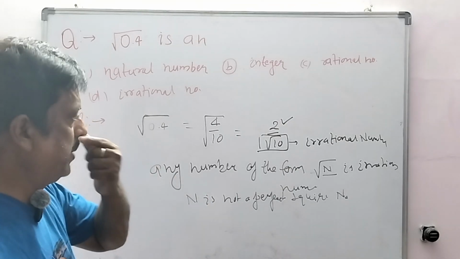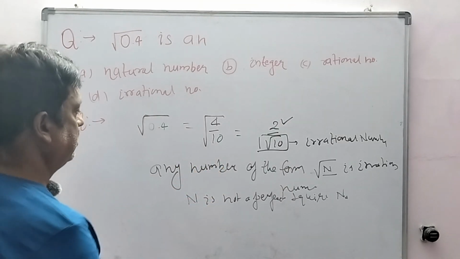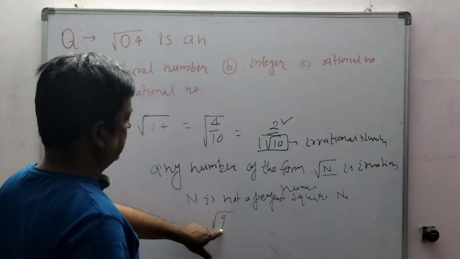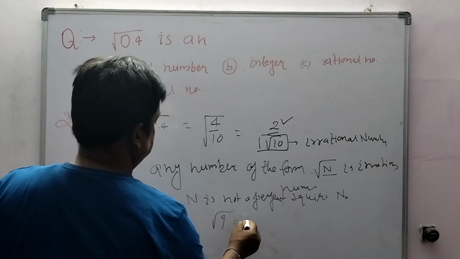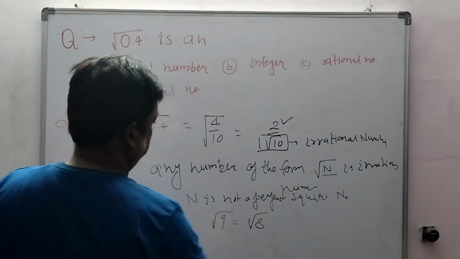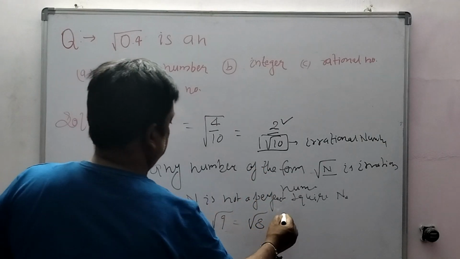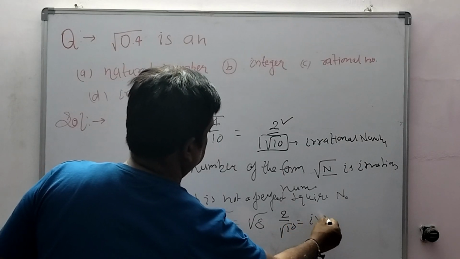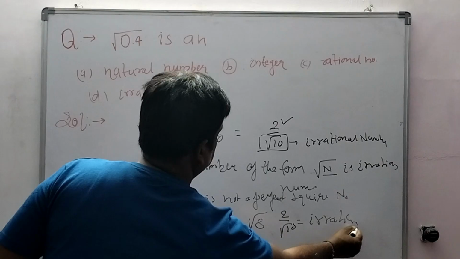Suppose 9, this is a perfect square number, so this is not an irrational number. Root 8 is an irrational number. So 2 by root 10 is an irrational number. Okay.